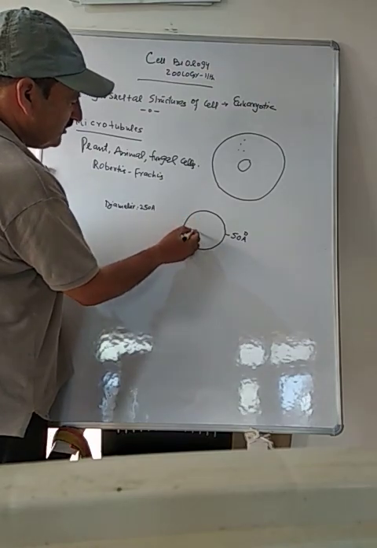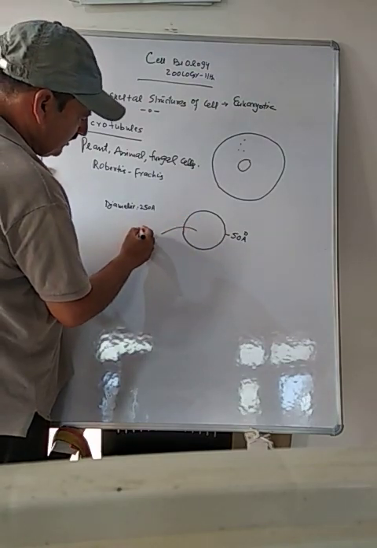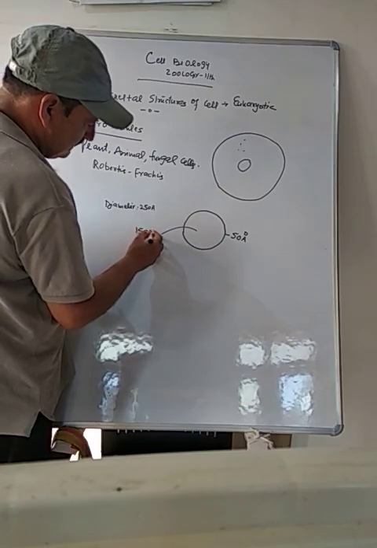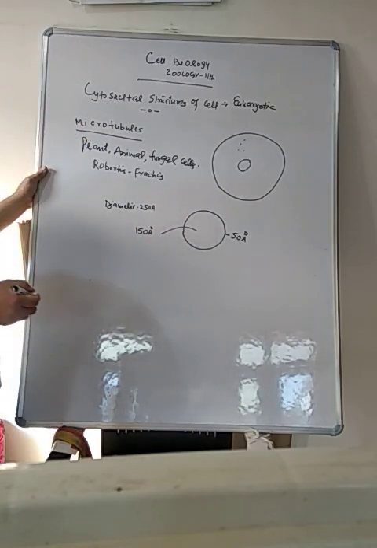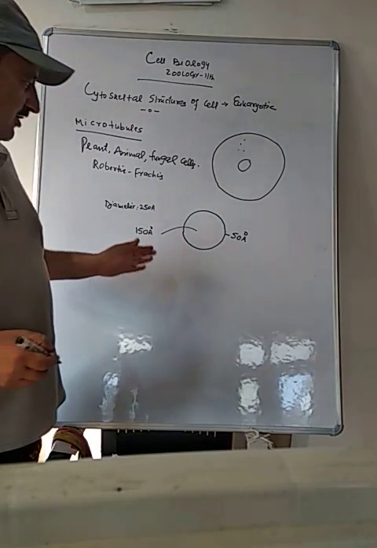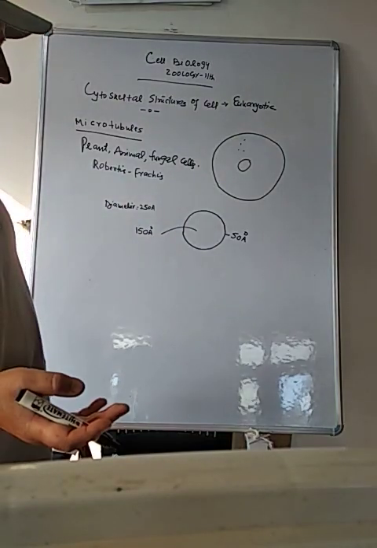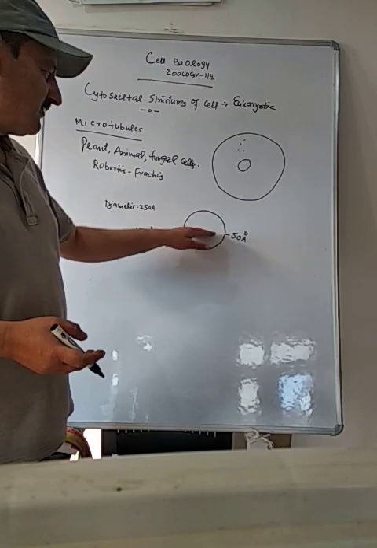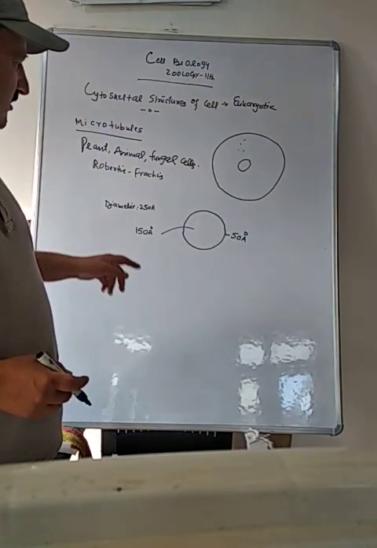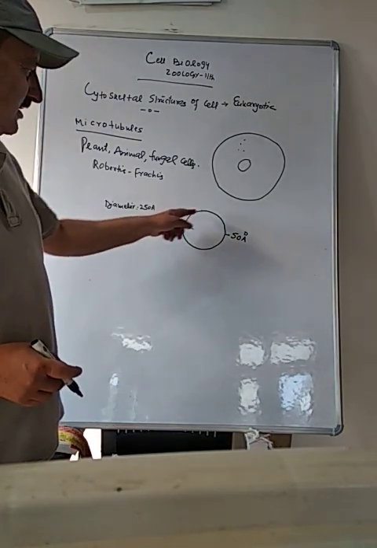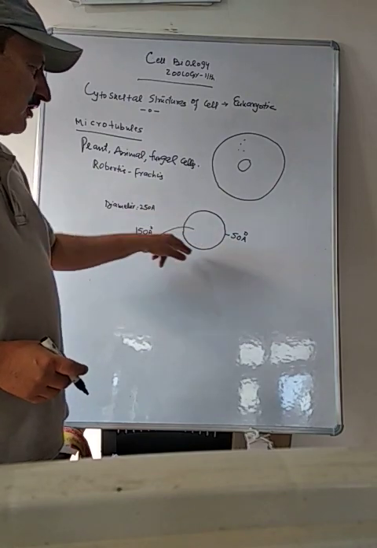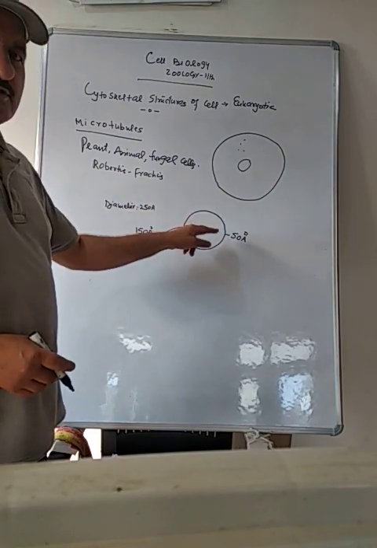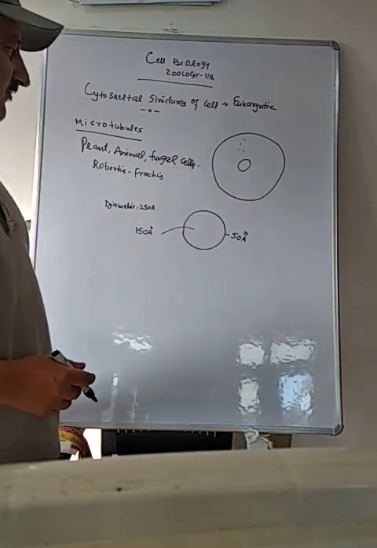This core can be about 150 angstroms. Once again, I will explain. The total diameter of a microtubule can be 250 angstroms, out of which this core, which is blank, meaning empty, is about 150 angstroms, and the wall which surrounds the core, the membrane which surrounds the core, is 50 angstroms.